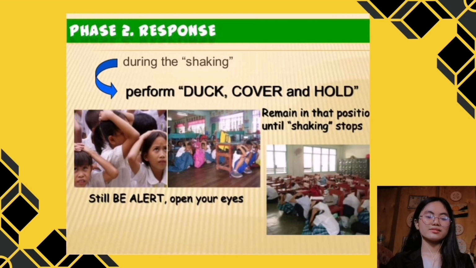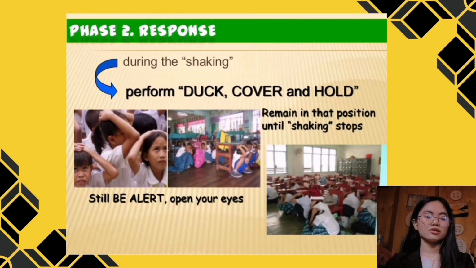While the bell is ongoing, everyone should move away from windows, glass, or light fixtures. In this phase, everyone should perform duck, cover, and hold under the desk, table, or chairs. Remain in that position until the shaking stops.